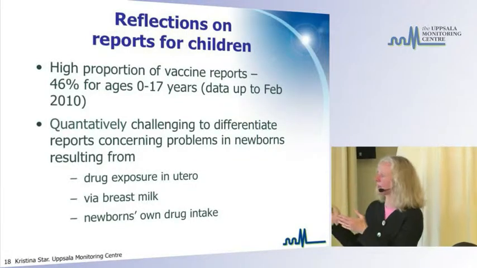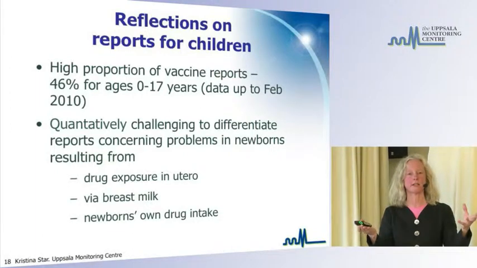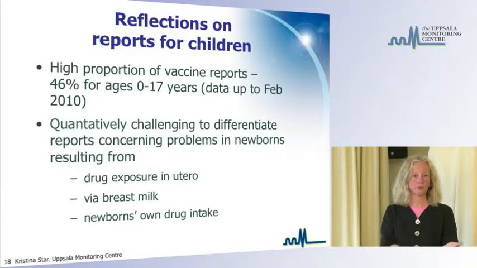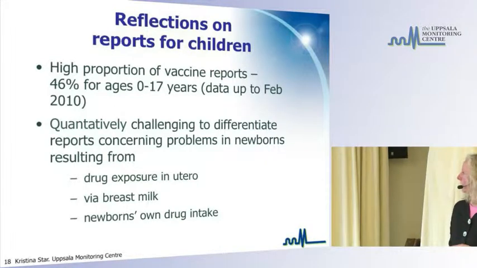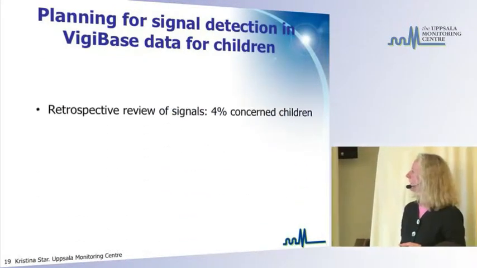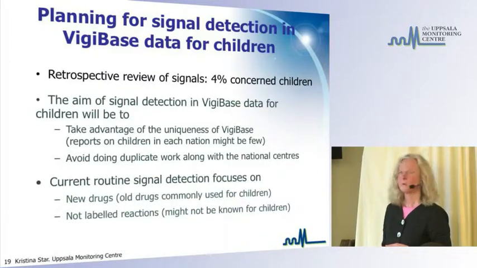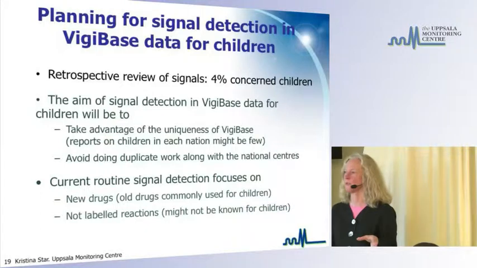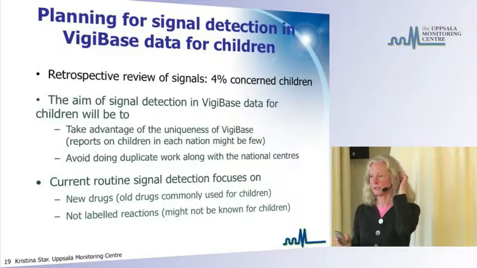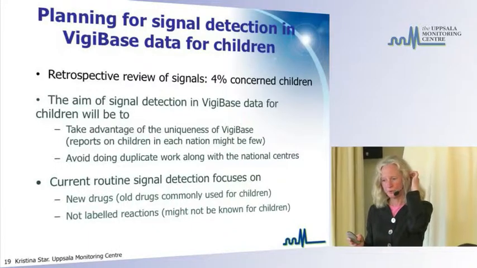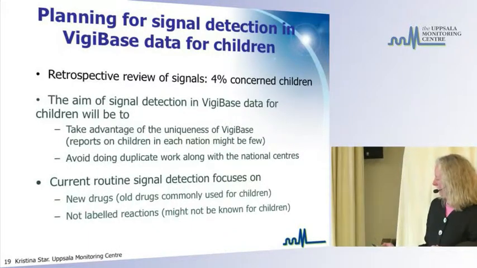And this slide relates to the quantitative evaluation of child reports. Of course, when you see a report, you can determine this, but quantitatively it was difficult. We did a retrospective review and saw that only 4% of our signals at the UMC related to the child population.